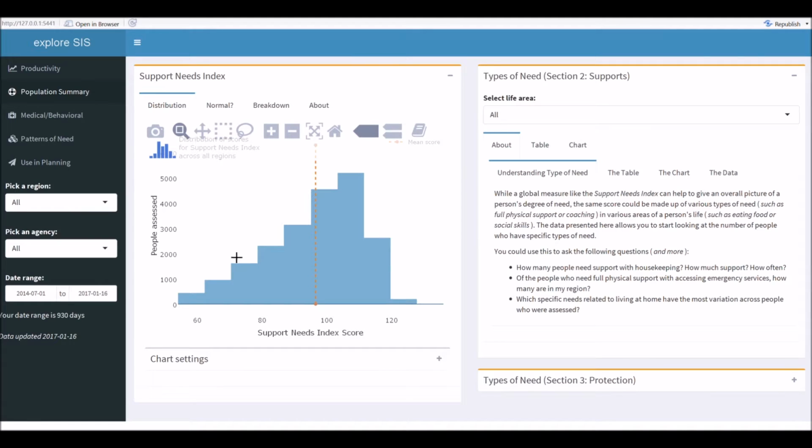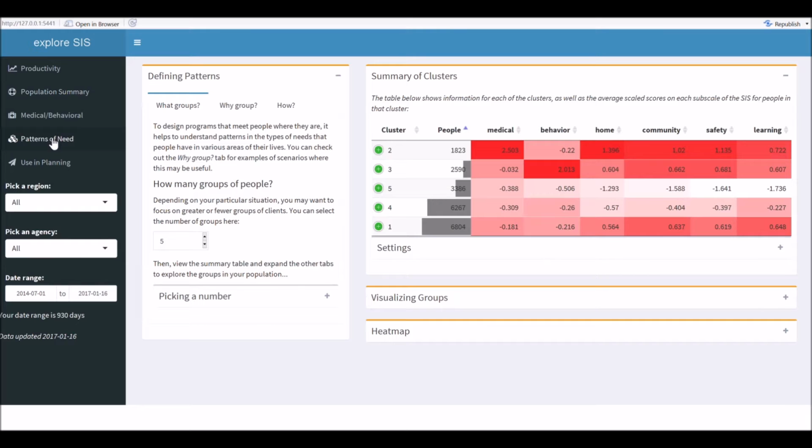So we know that this group of people down here, while the support needs index doesn't include the medical and behavioral, so we're looking at a few more dimensions when we're looking at that cluster analysis. My guess is that people who are on this lower end of the support needs index are some of those same people who are in this group with lower scores here, since these are the domains that make up the support needs index.